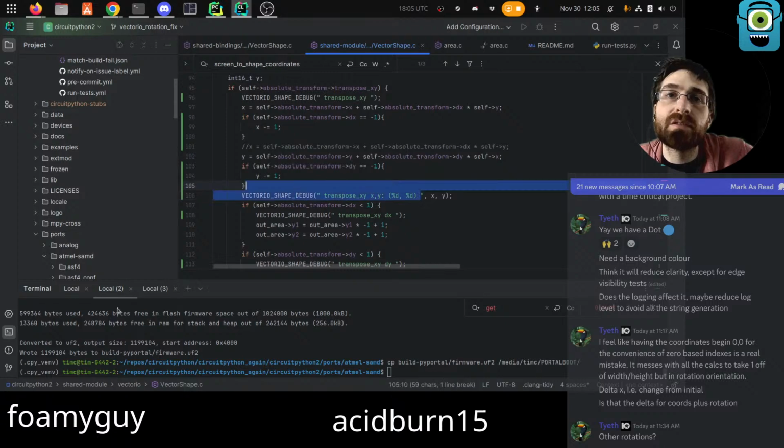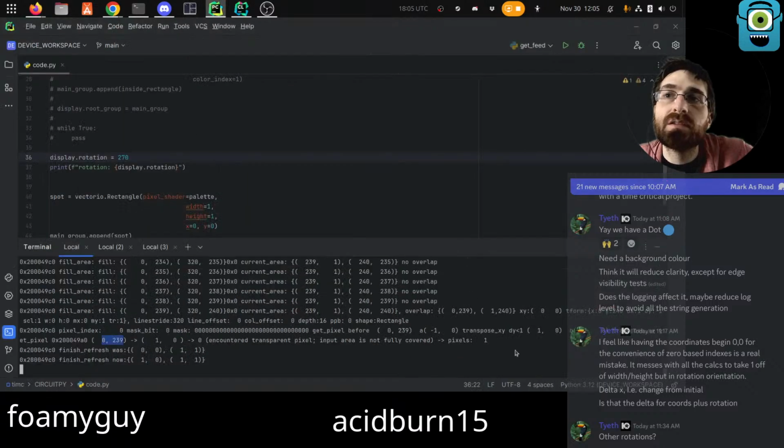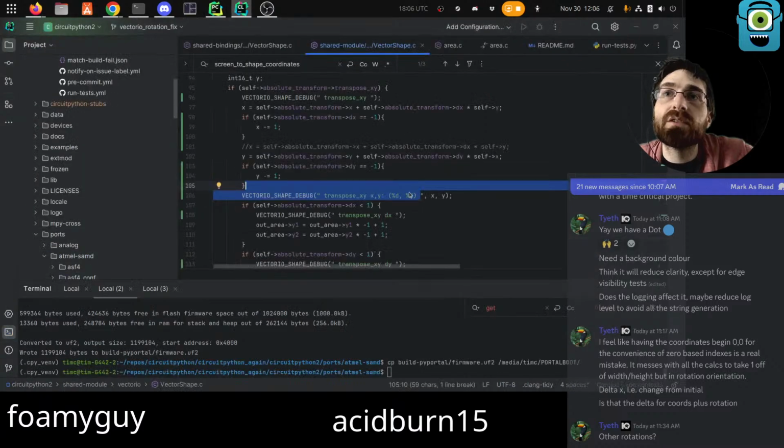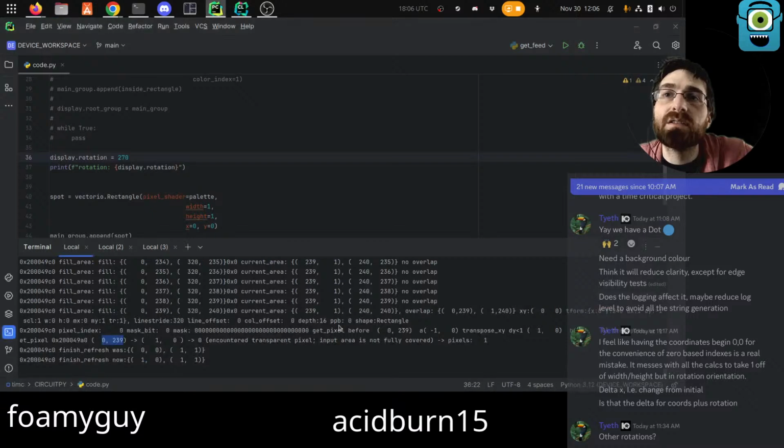We want these to be 0, 0 right here. When was that? Transpose xy, and then x comma y. I don't actually have that here. Why here?